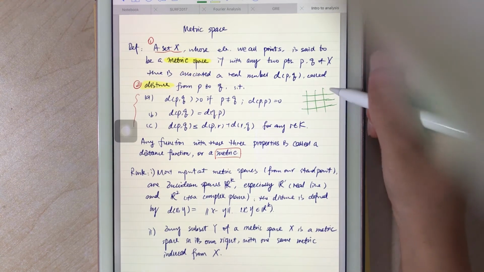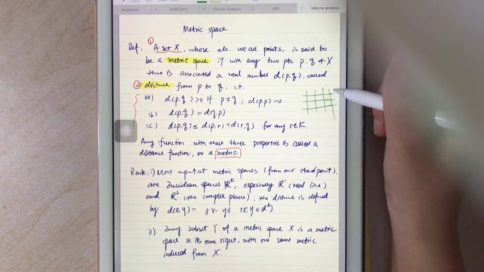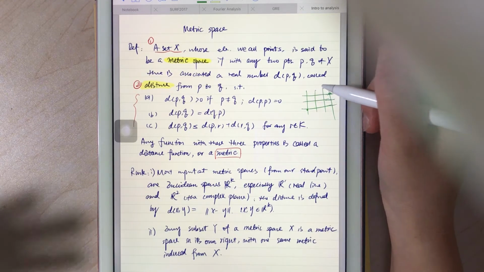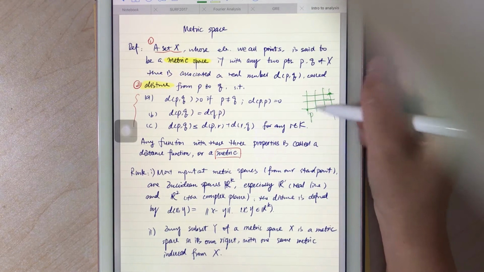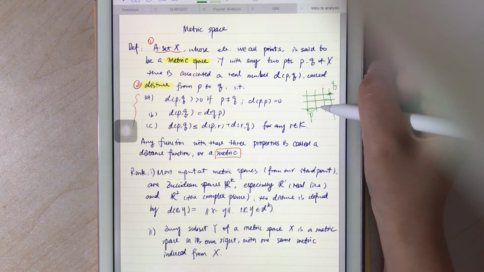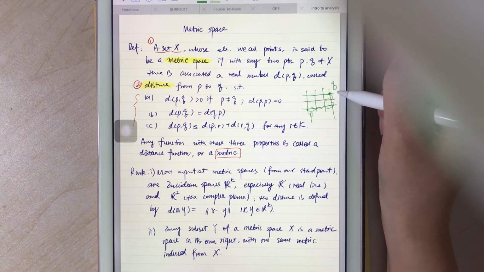So the space is given, and you are also given some grids on that plane. If you are going to calculate the distance between P and Q, you're not going to go directly from P to Q. Instead, you only count how many vertical lines and how many horizontal lines you have.